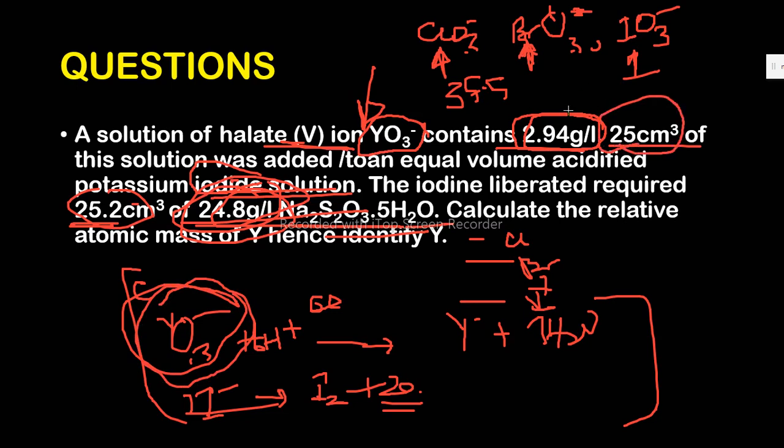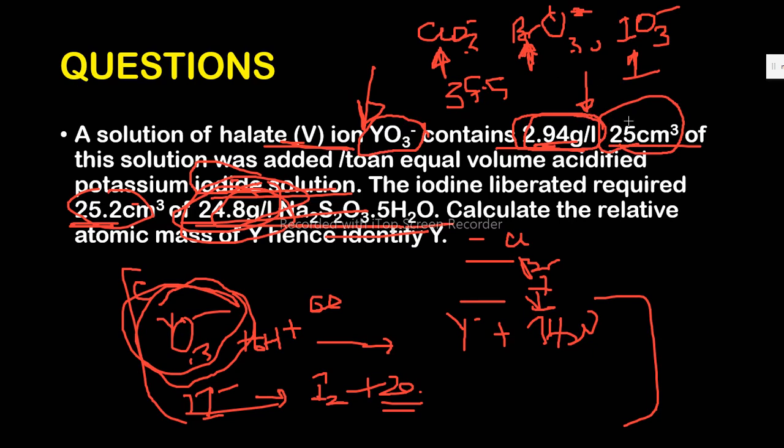But the question wants the concentration, which is given. They dissolved 2.94 grams of the iodate in a liter. So if you have moles in 25, can't you get moles in a liter? You can.